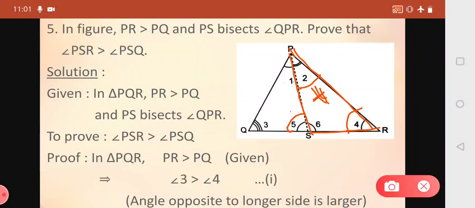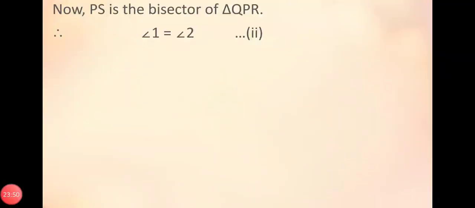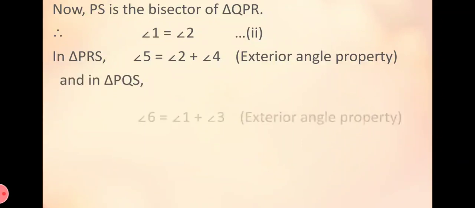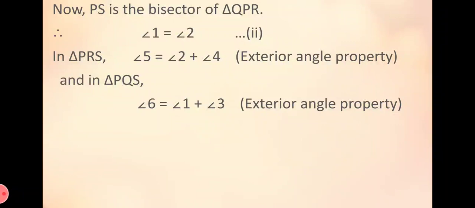So in triangle PRS, angle 5 equals angle 2 plus angle 4 using the exterior angle property. And in triangle PQS, angle 6 equals angle 1 plus angle 3, again according to the exterior angle property.